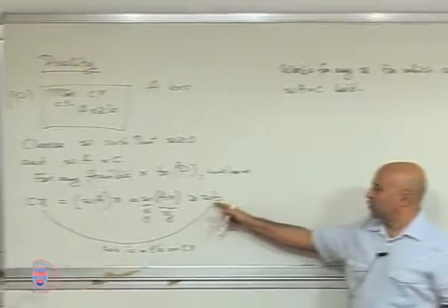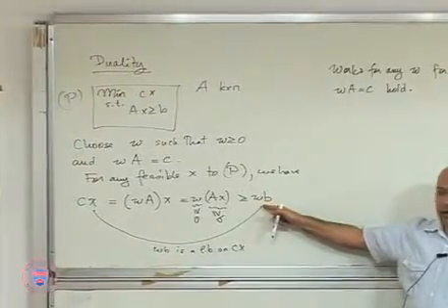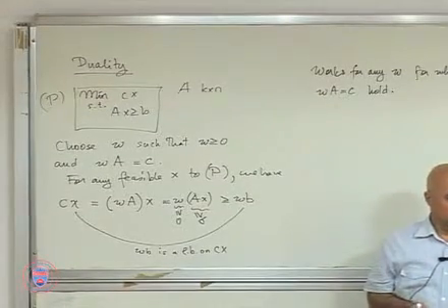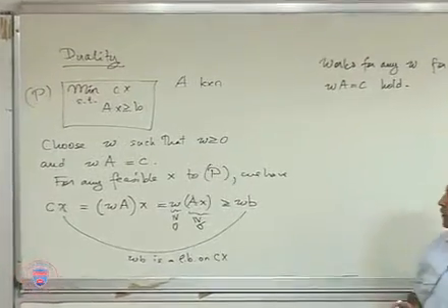So if you want to get the best lower bound, you want to push this lower bound as much upwards as possible. Okay?